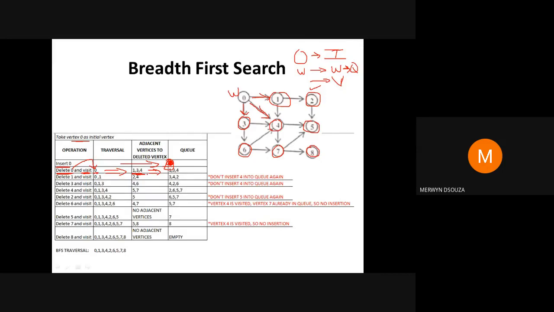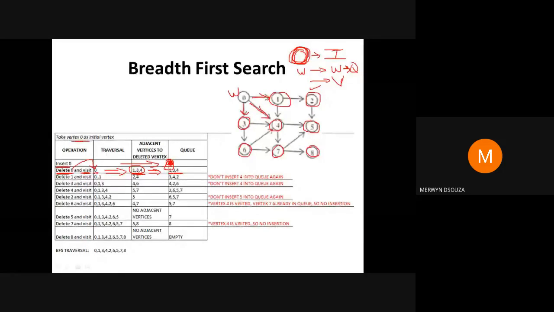They can go in the queue only if they are in the initial state, which I told you will have this red circle. So check these 3 vertices 1, 3 and 4. Are they having a red circle? Yes, 1, 3 and 4 are having a red circle. That means they are in the initial state, so I put them here in the queue.